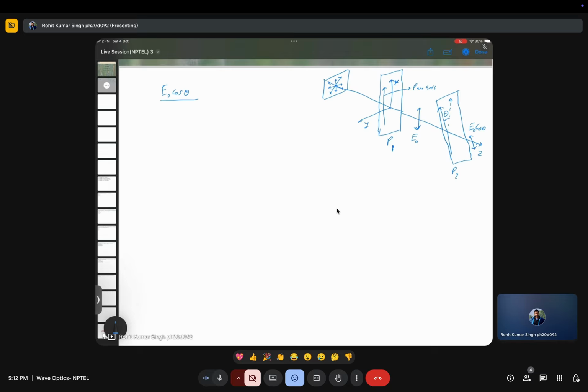Because the amplitude is E naught cos theta, the intensity will be just the square of this. This is called Malus's law. If you keep rotating this second polarizer, at theta 90 degrees you get nothing, so the intensity is 0.